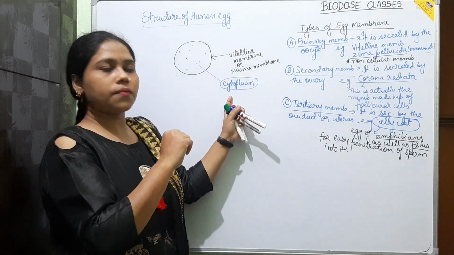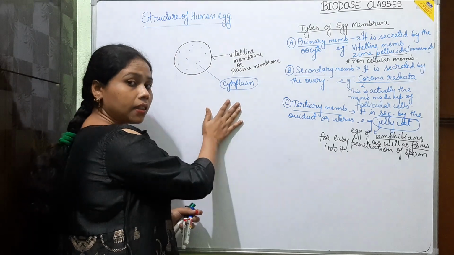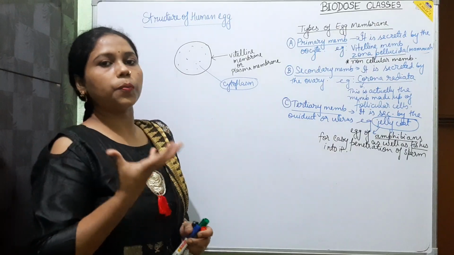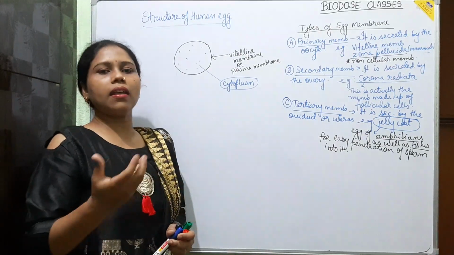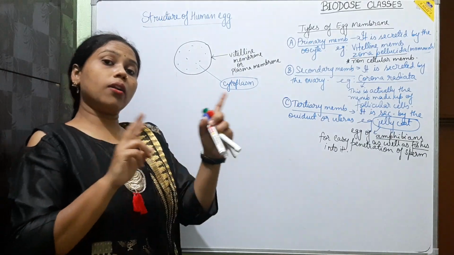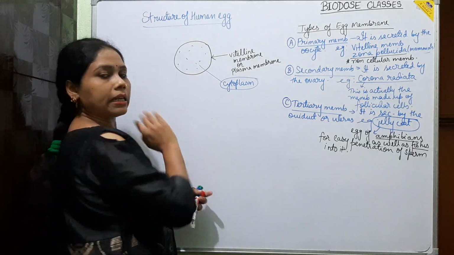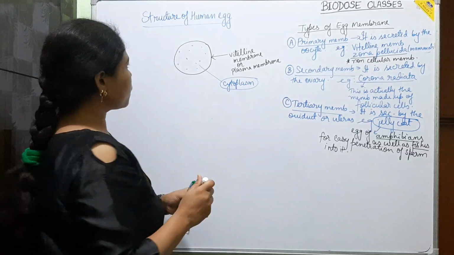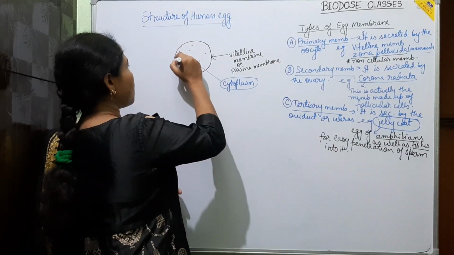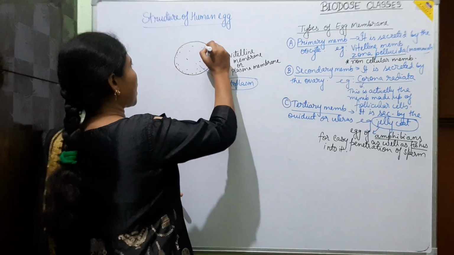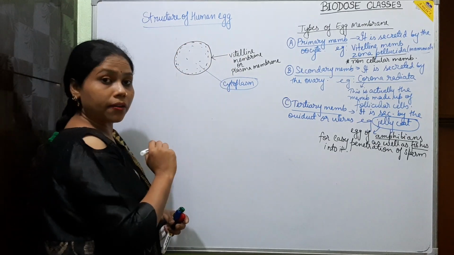Unequal division of cytoplasm means the quantity of cytoplasm is more as compared to any other normal cell, as the cytoplasm of two cells is present inside one cell. That's why some denser cytoplasm is seen at the periphery.